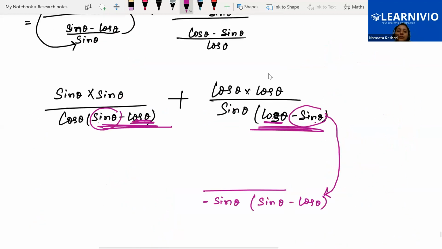And that's what we will be doing over here. We will be taking minus common. It will become sine theta minus cos theta. This minus sign and this plus sign will just combine together and will be minus over. This much understanding we must have. Then only you will be able to prove it. Okay, so try proving it.